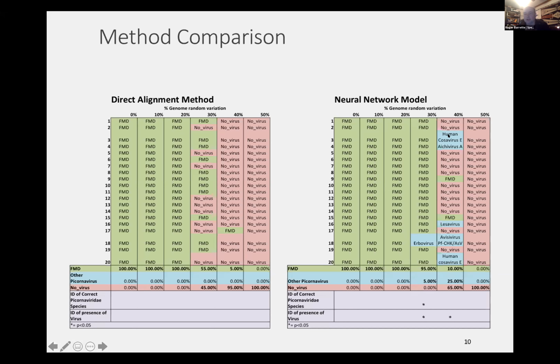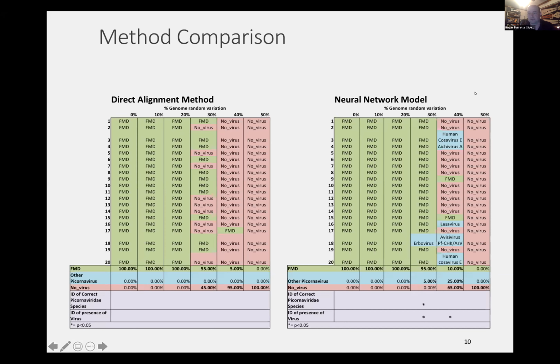However, one interesting thing and one of the advantages of the neural network is that even though it didn't detect FMD, it did believe that it saw a similar, picorna type virus. And so this is where the sensitivity comes in: it's able to potentially detect other picorna viruses, or that there is the presence of a picorna-like virus in the sample.